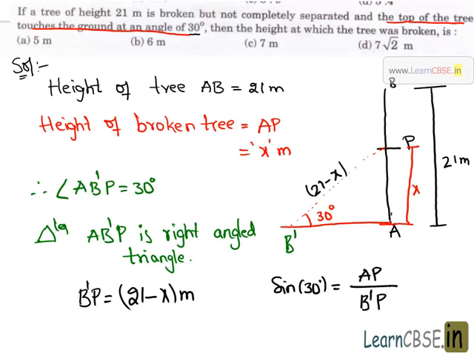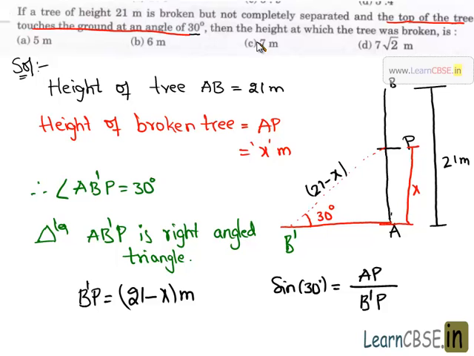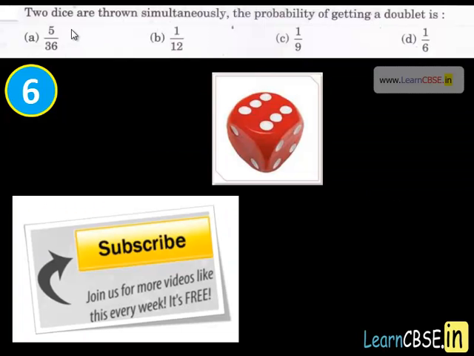What we assumed in the figure is that x is the height of the broken tree. Therefore, the height of the broken tree is 7 meters. If we look at the options, C is our answer, that is 7 meters. This completes our solution. Let's move to the next question.